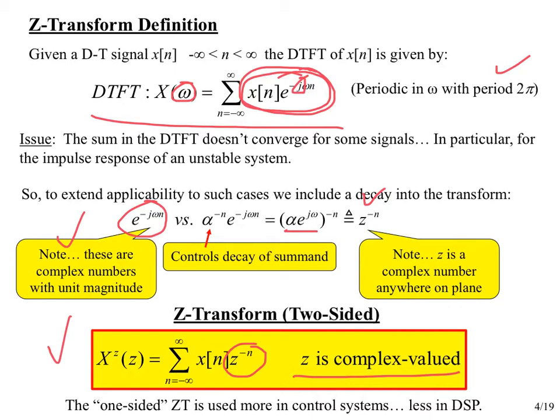If we expand that out, we get an alpha to the minus n out in front. So we can actually control how that term decays by picking different values of alpha. By moving to different regions of the z plane, that term will have different behavior as far as the decay goes.